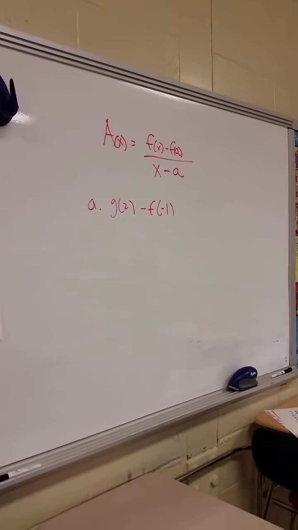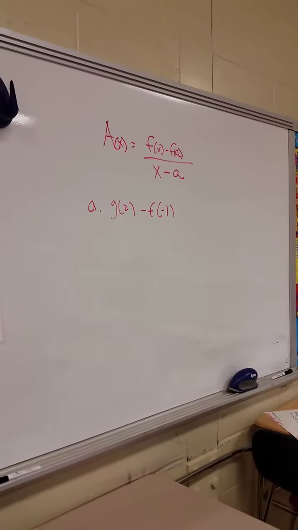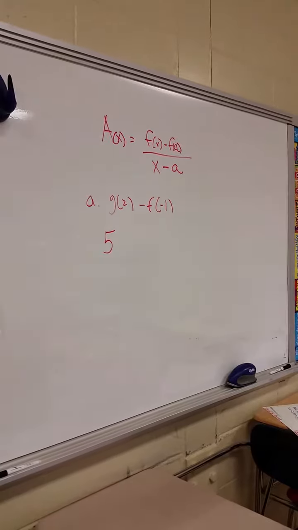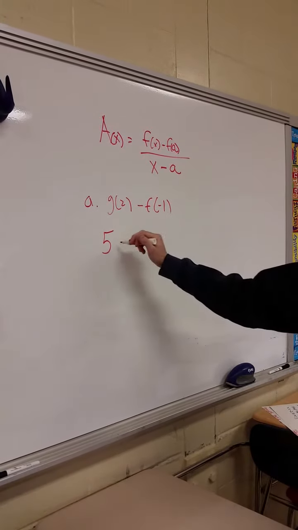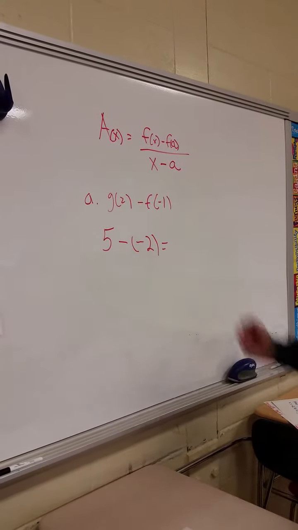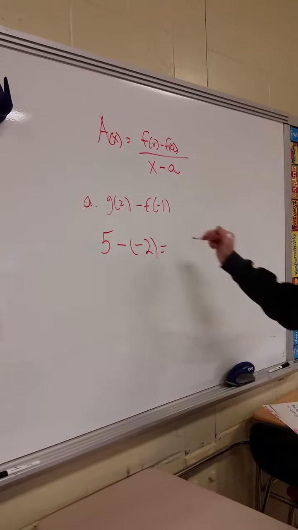On the table, g(2) is 5. And on the graph, f(negative 1) is negative 2. When that simplifies, you get 7.